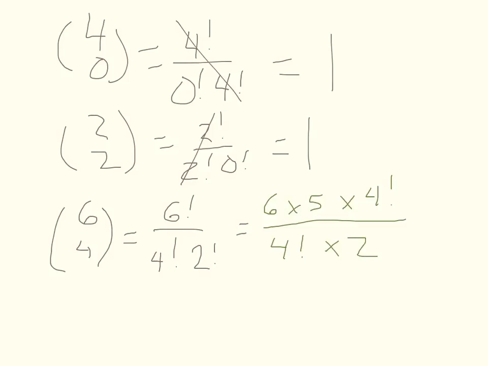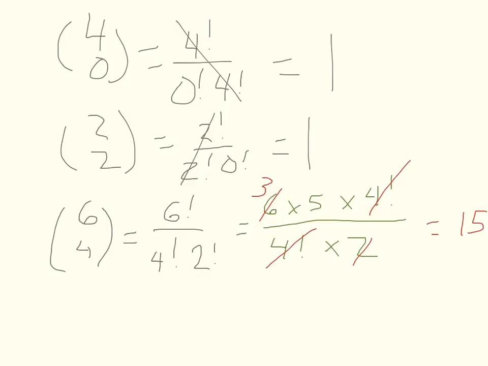So we look at it again. 4 factorial cancels with 4 factorial. The 2 and the 6 cancel, which gives you a 3. 3 times 5 is 15.